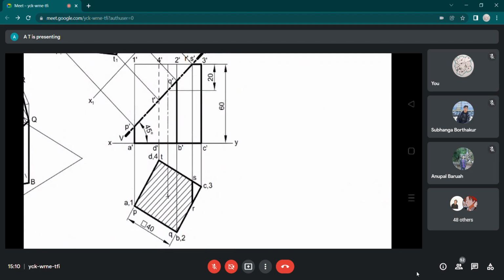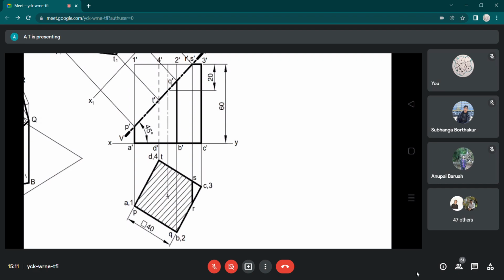Up to this only I explained. I've explained about this top view and front view only till now. Have you understood or not?